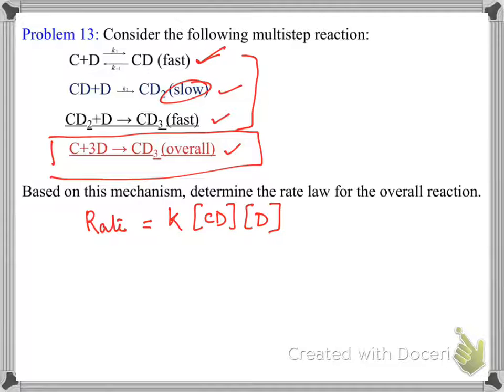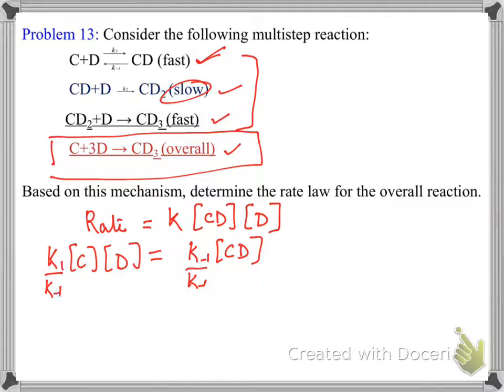So the forward reaction will be k1 times [C] times [D]. The backward reaction will be k inverse times [CD]. Forward equals backward at equilibrium, which will make it k1 times [C] times [D] equals k inverse times [CD]. I can find the value of the concentration of CD, and that is equal to this constant times [C][D].